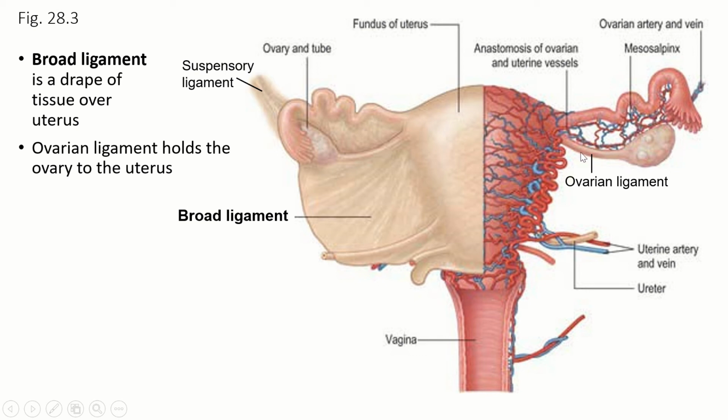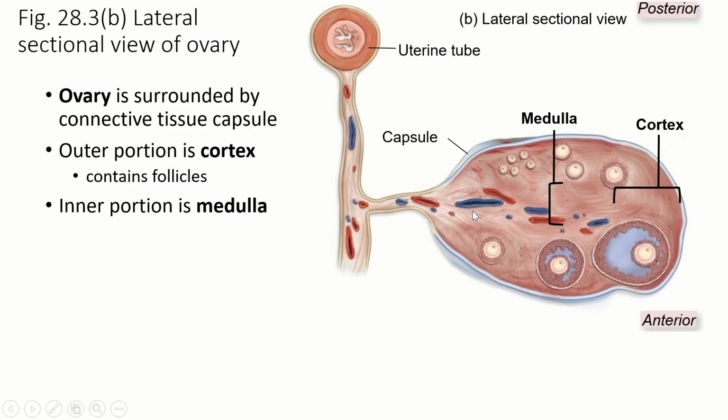Then this is the ovarian ligament there. Okay, and you can see there's tons and tons of blood vessels supplying the uterus because the uterus during a pregnancy is going to have a ton of work to do. We're going to come back to that. Right now we're going to focus on the ovary.